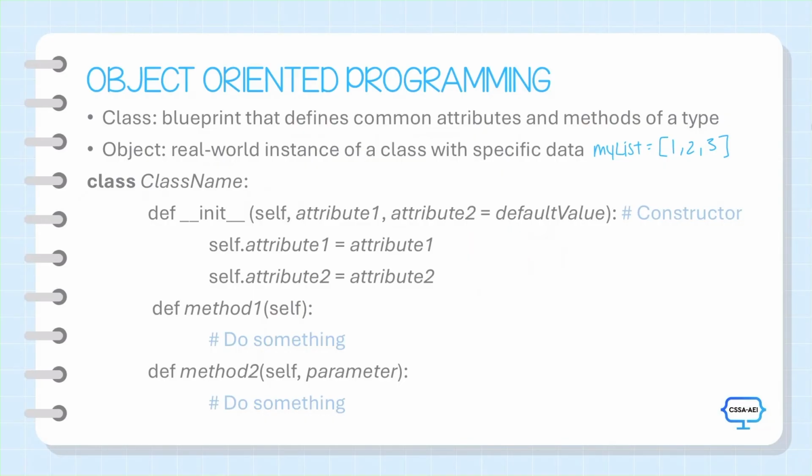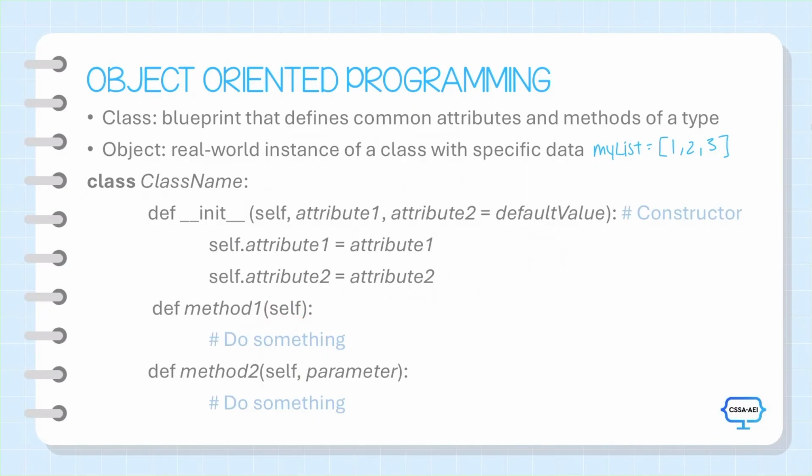And then your constructor is going to take the attributes that the user gives you, so that's these attributes here, and self.attribute is the object itself's data. Okay, so we're going to assign it to that. It's very hard to explain when it's theoretical. We'll see examples.